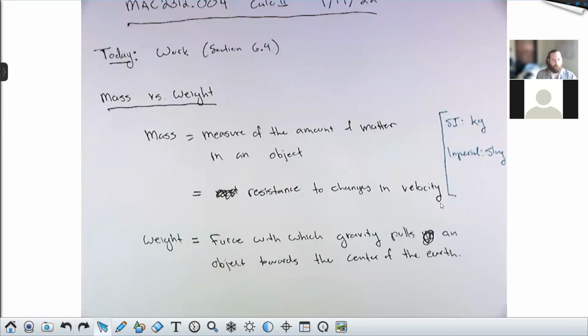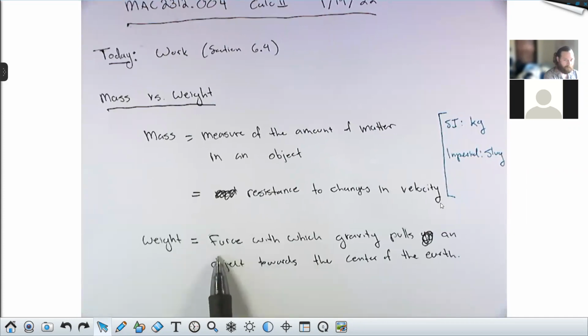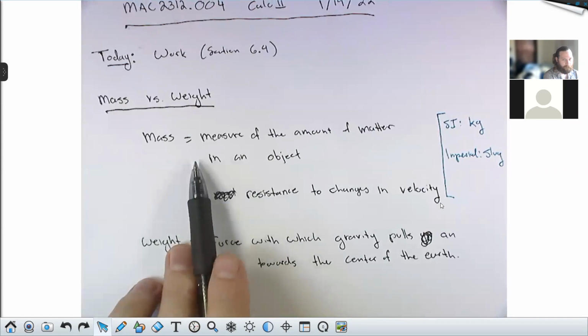I'm not sure who chose that. I can't explain it, but yeah, the SI unit for mass is the kilogram. That's the one that we're all familiar with. If you want to get your mass in imperial units from your weight in pounds, you would need to convert from pounds to slugs. The upshot is weight is a force, mass is not a force.